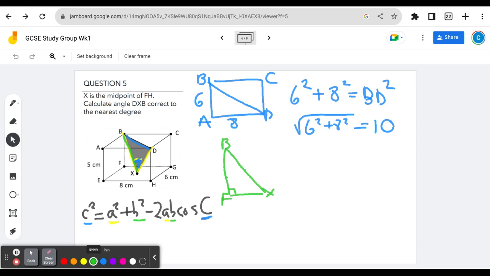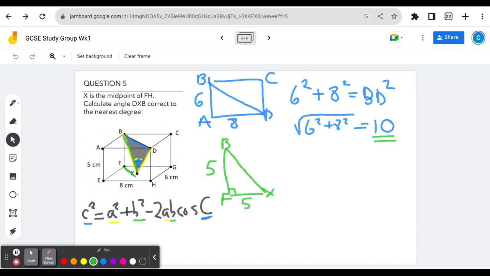Now, I have this dimension 5, but FX is, let's just draw it in green, FX is halfway across that diagonal on the base. Now that diagonal on the base is actually the same as the diagonal on the top, which we just found the distance of, which was 10. That tells me that this is going to be 5 as well.